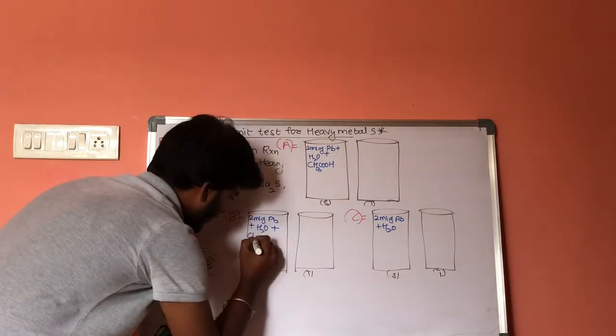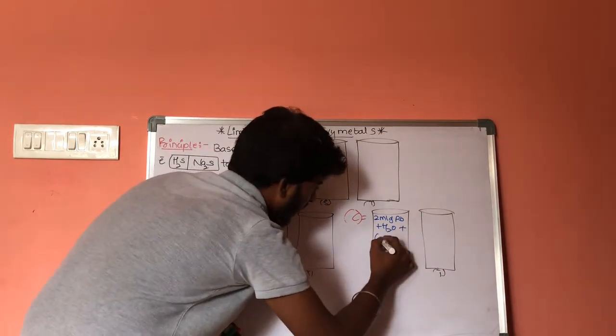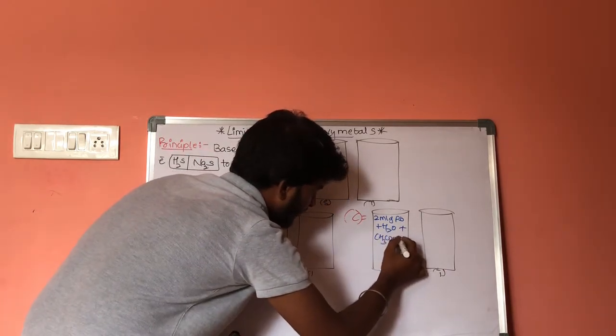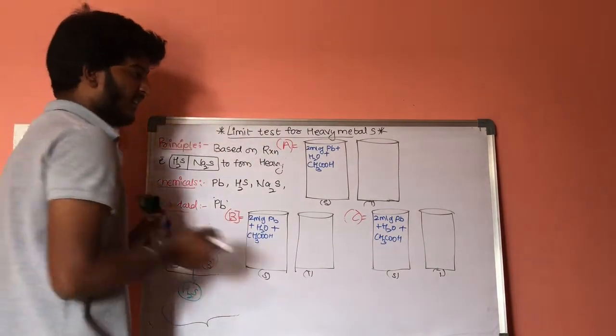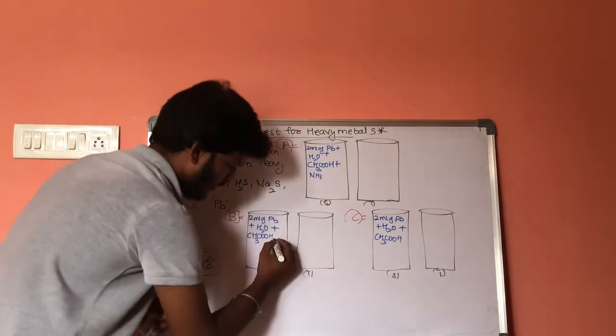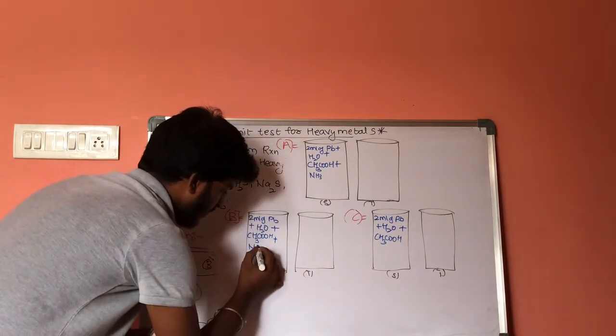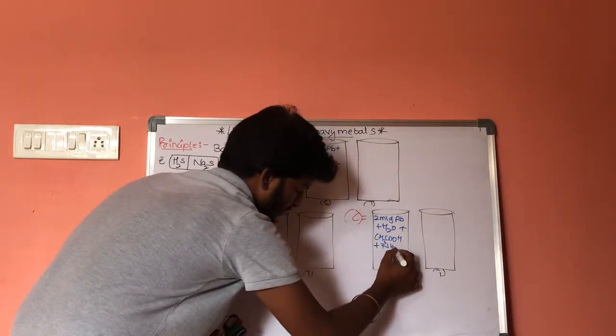Here also acetic acid will be added. After adding the acetic acid, ammonia will be added, and here also ammonia will be added.